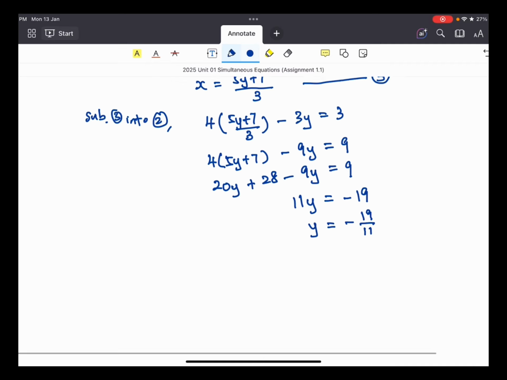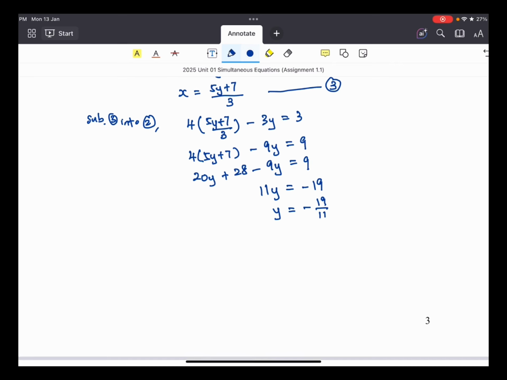Then we need to get back our x. I could call this equation 4 for clarity. So I'm going to sub 4 into 3. x equals 5 times negative 19 over 11 plus 7 over 3, right?